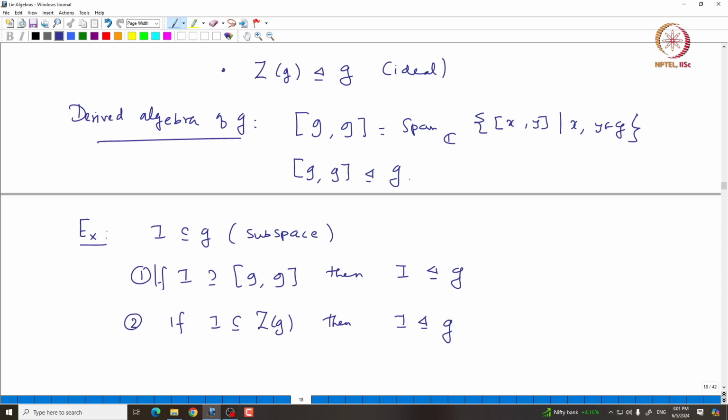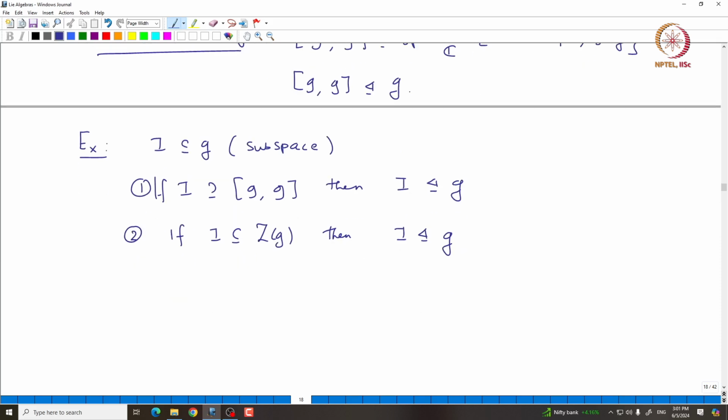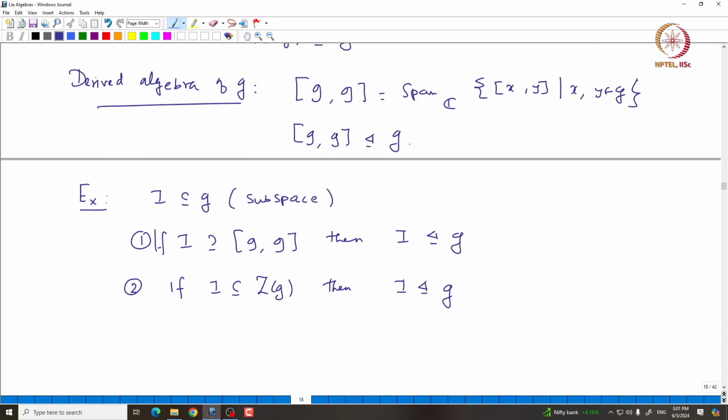Now, given two subspaces, motivated from the derived algebra, one can define the bracket of H1, H2.